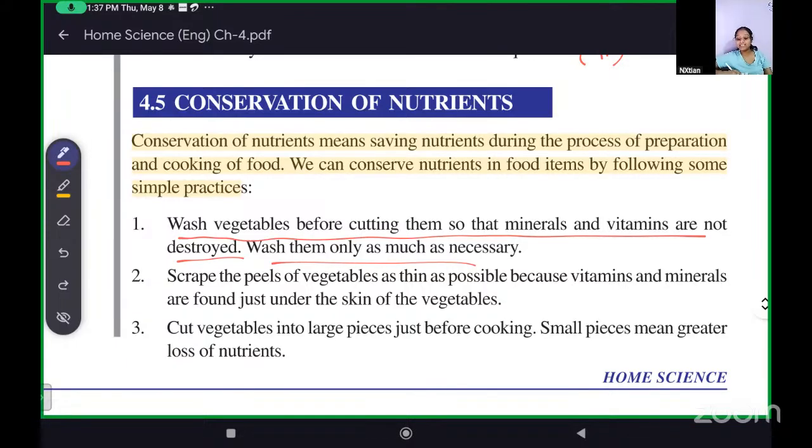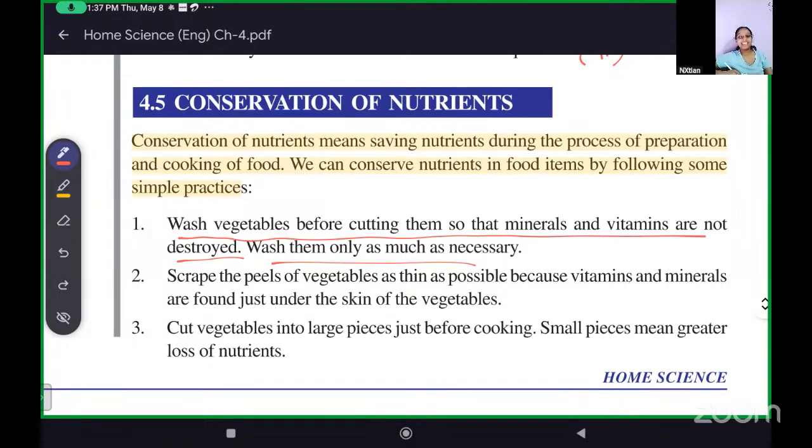Then scrape the peels of vegetables as thin as possible because vitamins and minerals are found just under the skin of vegetables. You must have heard it somewhere from your elders. I have heard it a lot from my grandparents that don't peel off thick peels when you are peeling a vegetable. And what I do is I peel a lot of thick peels, because I want all the skin off.